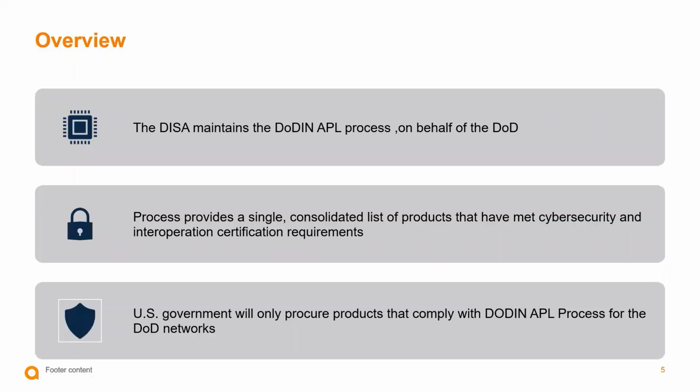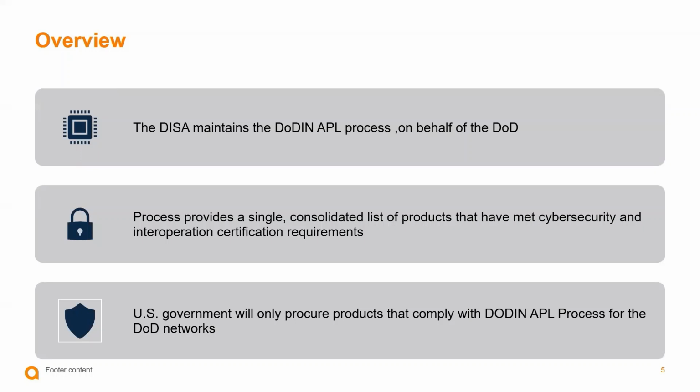Let's jump into the overview. So before we see the feature-specific overview, let's start with the overview about DoDin APL certification. The Defense Information System Agency maintains the Department of Defense Information Network approved product list process on behalf of the Department of Defense. This process provides a single consolidated list of products that have met the cybersecurity and interoperability certification requirements.